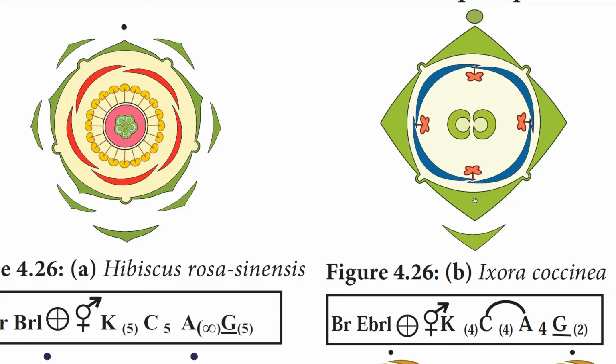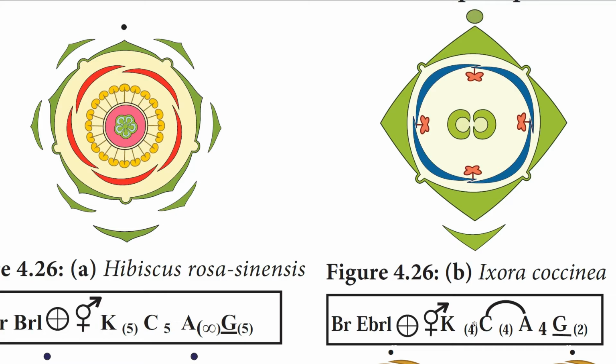Here is the floral formula: Br, bract is present, bracteoles are absent, there are no bracteoles here. Ebrl is represented by EBRL. Actinomorphic, that is radially symmetrical, the flower is radially symmetrical. Bisexual, it has both the androecium and gynoecium.